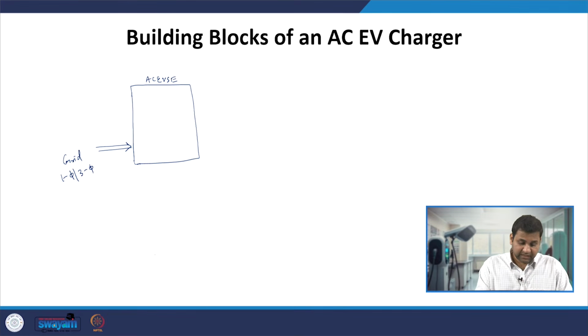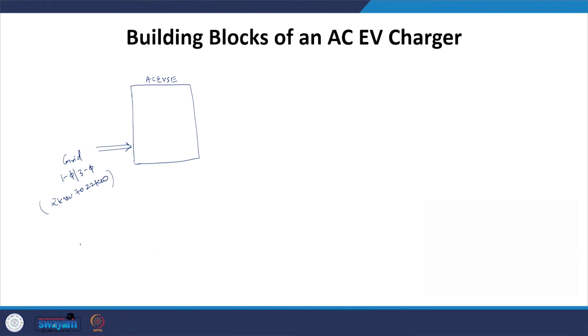Generally, the power level for these AC chargers is somewhere between 2 kilowatt to 22 kilowatt. So you will be using either a single phase or a 3 phase connection directly from the grid.